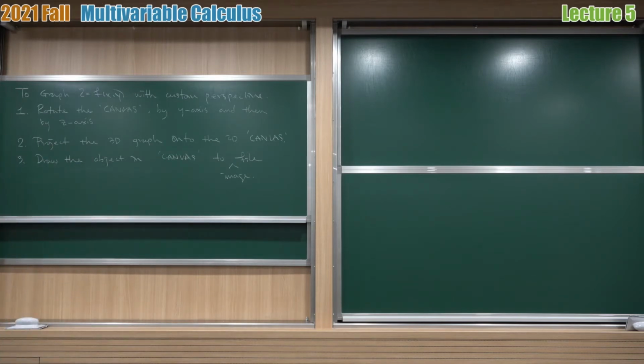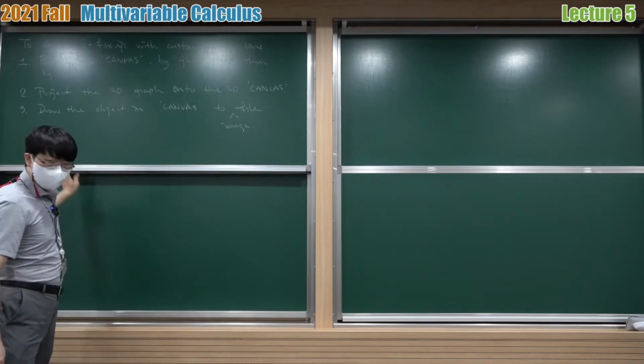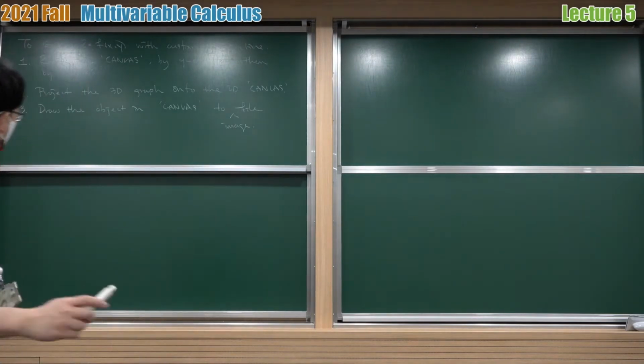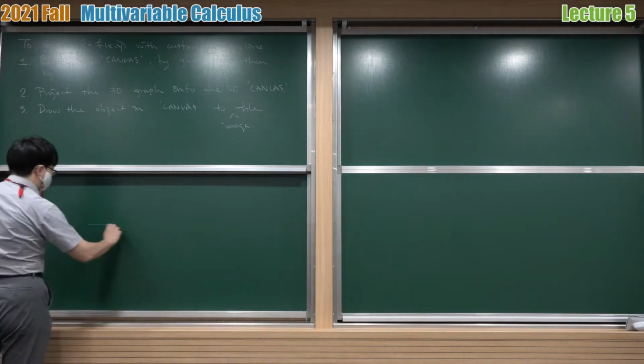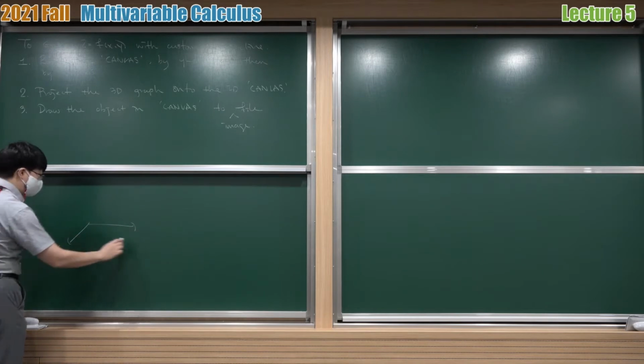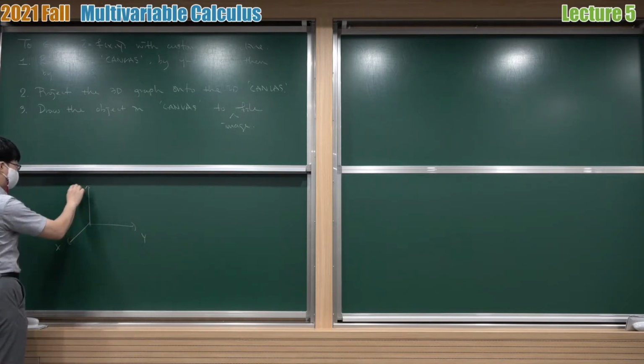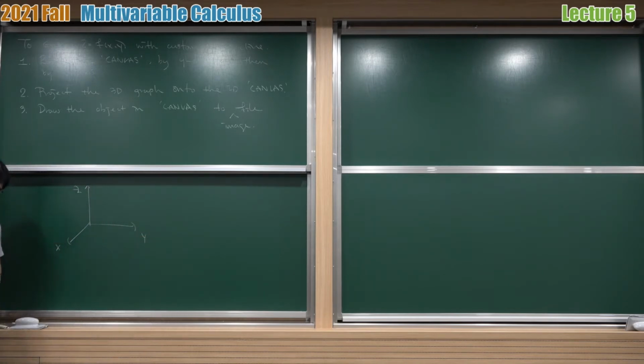So we have kind of done the first step. Let's rethink how we did it. So we have x, y, and z. My canvas is going to be perpendicular to x-axis.